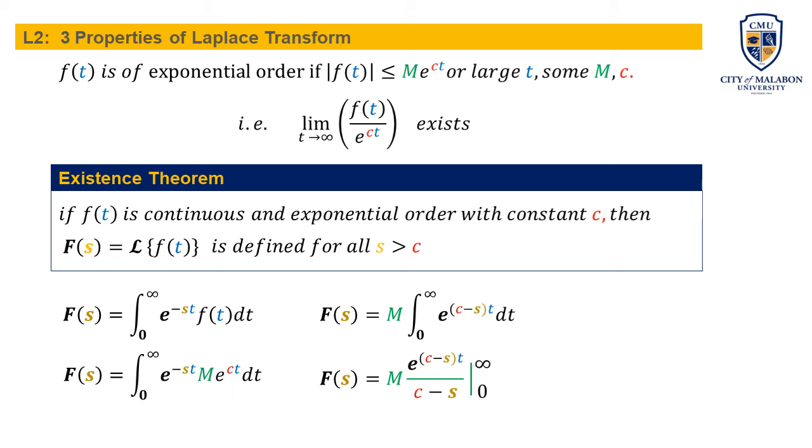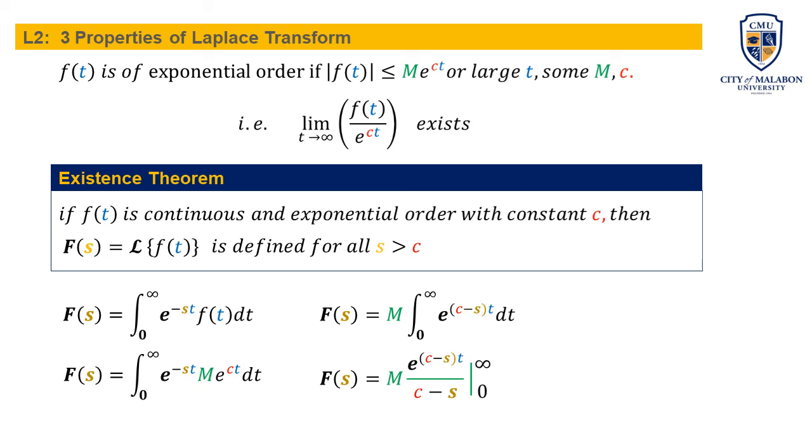So let's say c is 2 and s is just 1. It becomes positive infinity, so we won't get an answer. The Laplace transform will not exist because c is bigger than s. But if s is greater than c, then our exponent of e becomes negative infinity, and e to the negative infinity becomes 0.